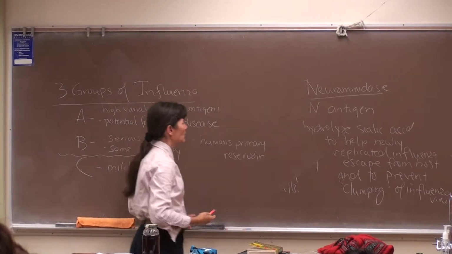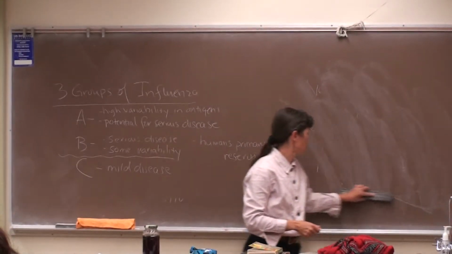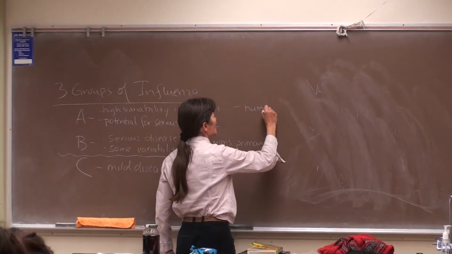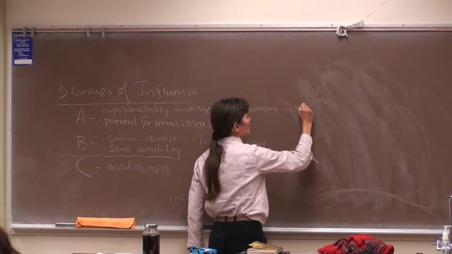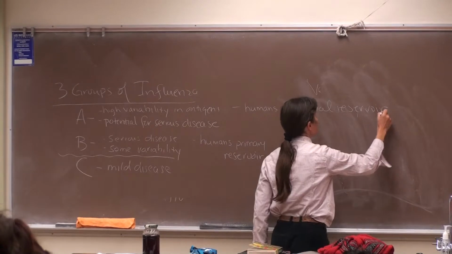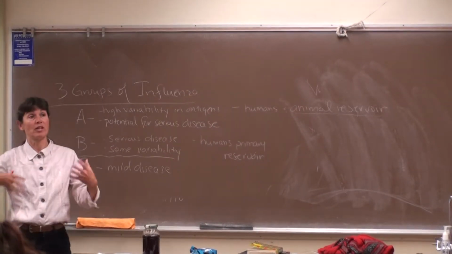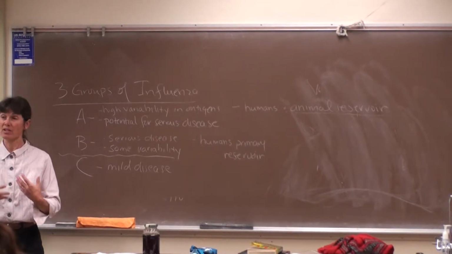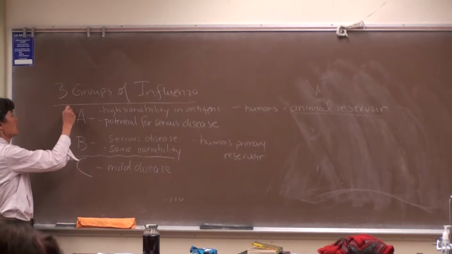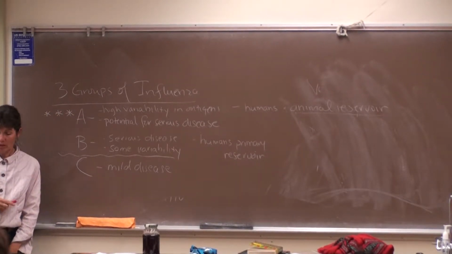And another very important feature of these guys, many of the group A's have non-human animals as reservoirs. So humans and animal reservoirs. And we're going to see that the strains carried by these animal reservoirs will provide a lot of the genetic variability that we see being produced into some of the new evolving human strains. Okay, so this is going to be our primary focus, the group A strains.